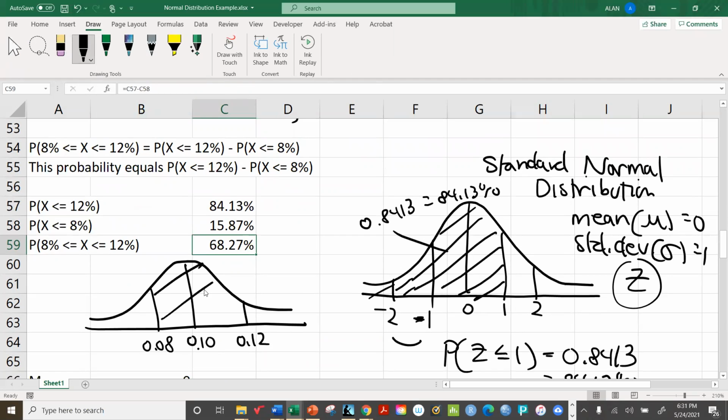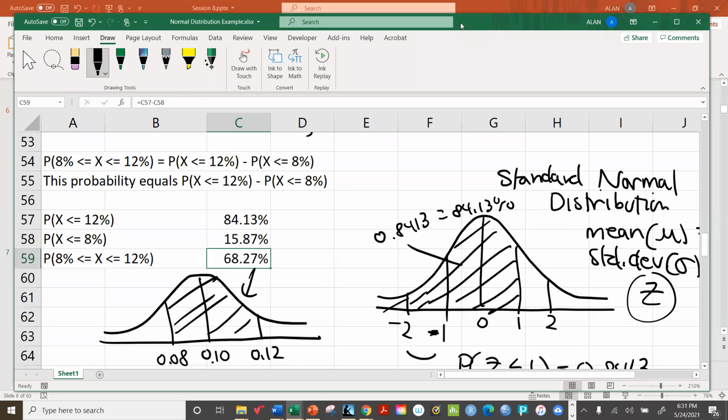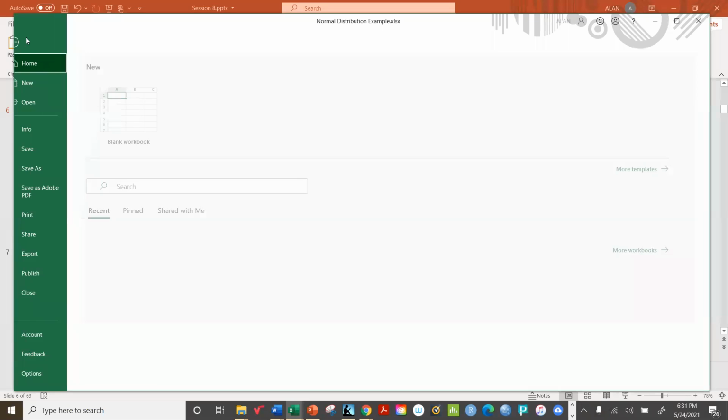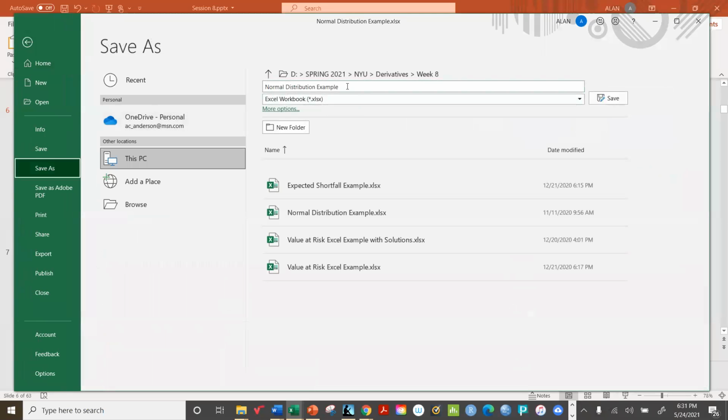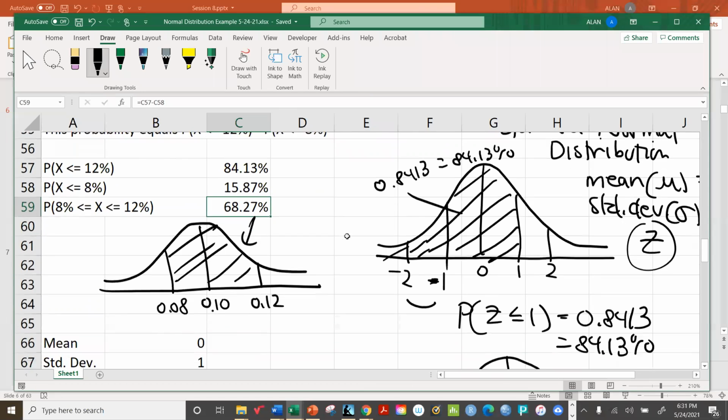What we're looking for, approximately 2/3, is the likelihood that our returns are somewhere between 8 and 12%. Oh, let me just quickly save this thing. All right.